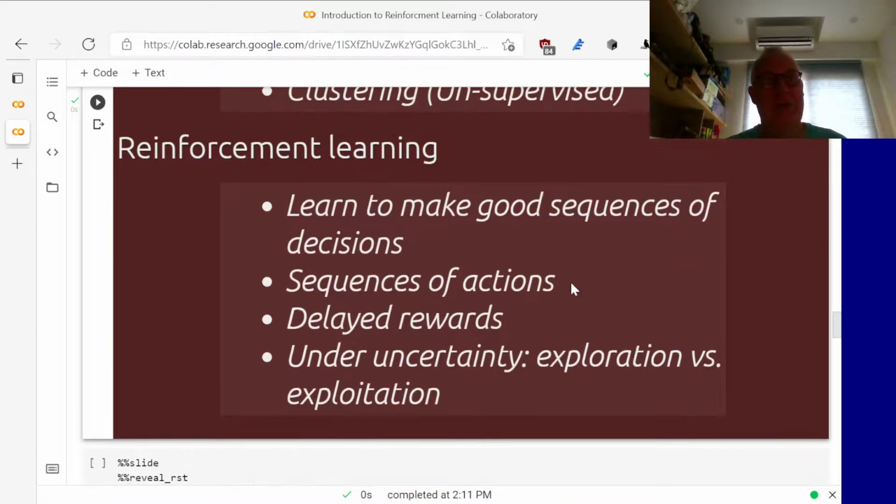So the whole point of reinforcement learning is to try and make good sequences of decisions. The system has to generate sequences of actions for an agent, and then at some point during the performance, there will be rewards presented to the system, either in the form of positive reinforcement, positive rewards, or also we could have negative rewards saying, this was a bad move.